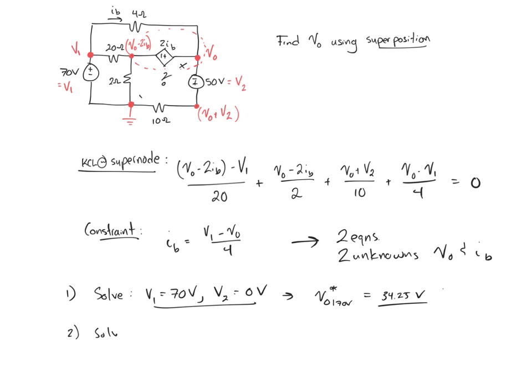We're going to solve it again, setting V1 equal to 0 volts and V2 equal to 50 volts. Get V0 double star, and that's due to the 50 volt source, as being negative 4.26 volts. So finally we find that V0 is just the summation of V0 star and V0 double star, which is approximately 30 volts.